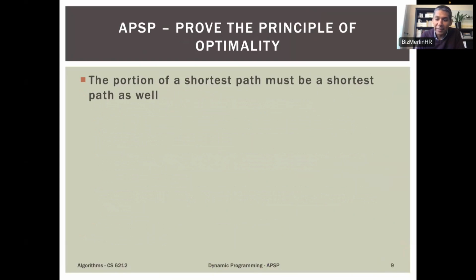As you recall, in the dynamic programming algorithm design technique, we have to prove the principle of optimality. And in this case, the principle of optimality is pretty much represented by saying that the portion of the shortest path must be a shortest path between those subportion nodes as well.